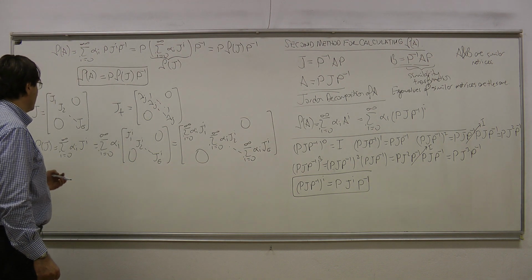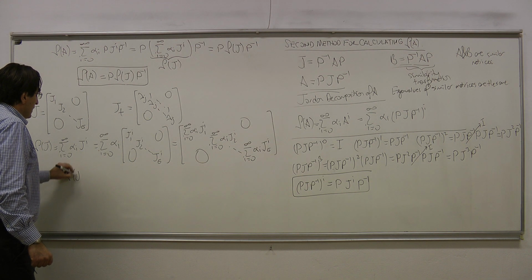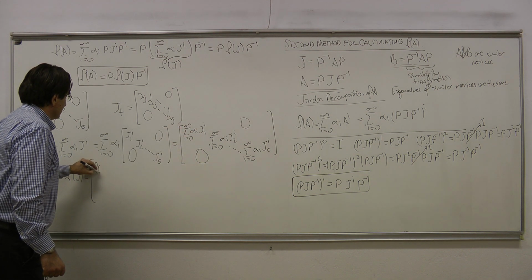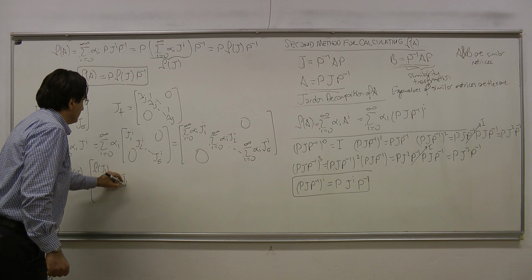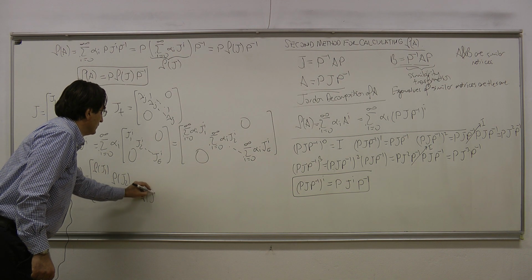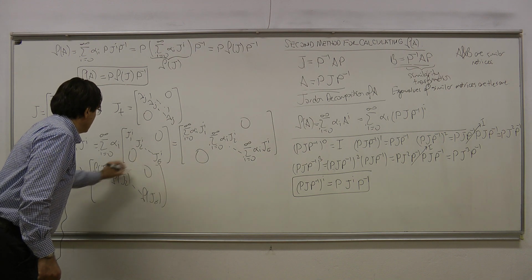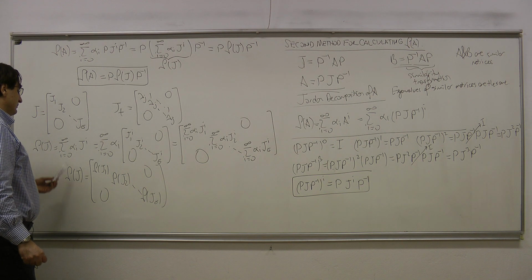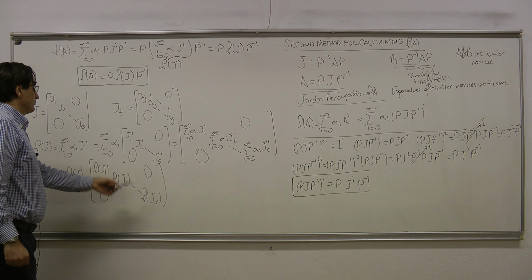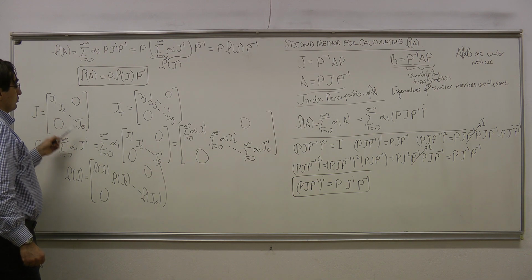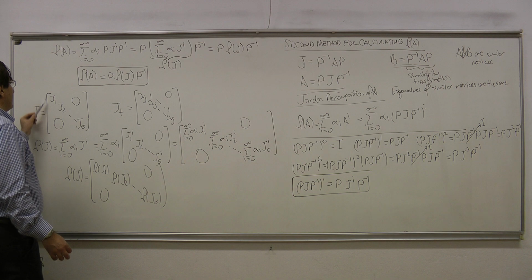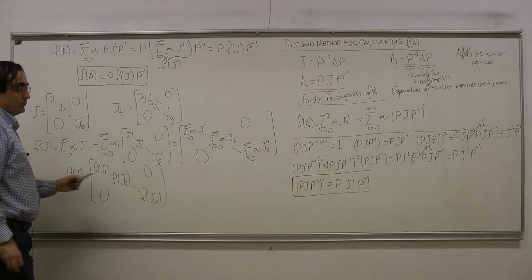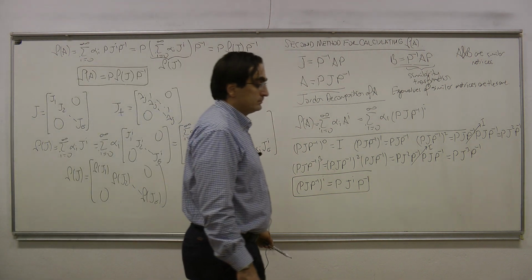So f of J is nothing but f of J1, f of J2, going until f of J sigma. The function of the Jordan canonical form is composed of the functions of each of its Jordan blocks. So if I can find the function of each such Jordan block, I can find the function of the overall Jordan canonical form.